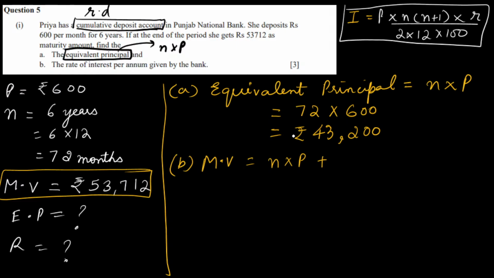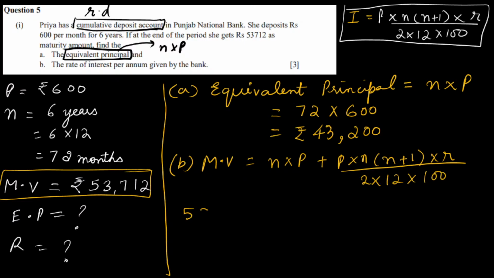I'm going to write here. So it is N plus 1. Most of the time I have seen students writing N minus 1. So I'll just write here P into N into N plus 1 into R by 2 into 12 into 100. Now let's substitute everything. MV is given to us as 53,712.